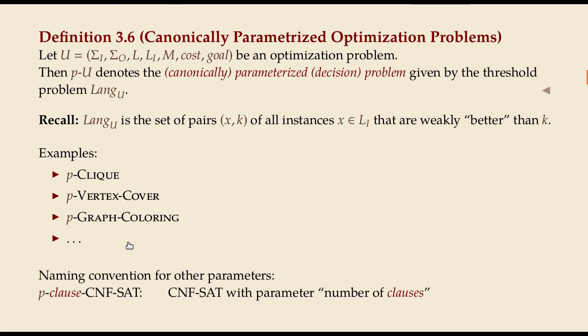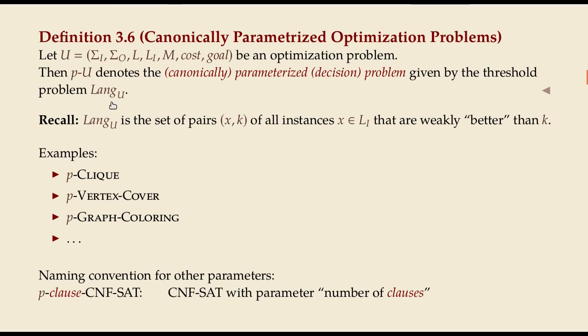I've mentioned it before with the example of MaxSAT. Now formally, if we're given such an optimization problem, defined as a 7-tuple that we've seen last time, then we write p-U for the canonically parameterized decision problem, which is given just by the threshold language.